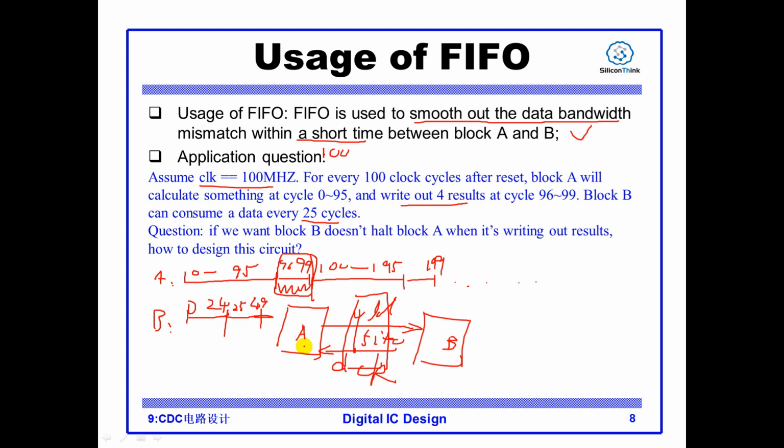Block A is much higher than block B. So we can add a FIFO between the 2 blocks to smooth out the data bandwidth mismatch. Okay, so this is the usage of FIFO.